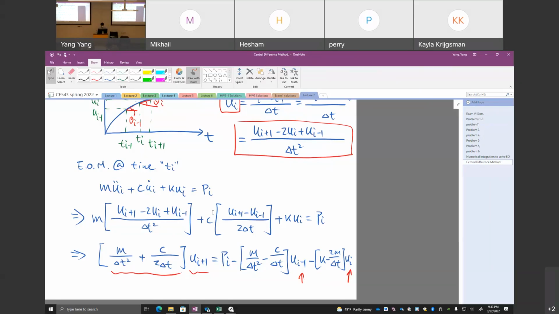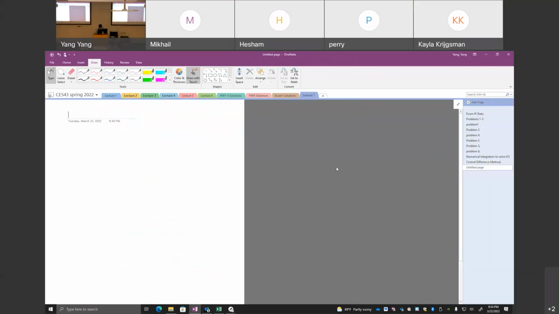That means we need to know the initial condition of the system. For example, the initial velocity and the initial displacement. If we know that, we should be able to have the computer sequentially do all the calculations. So now let's see what we should do here. Any questions before we move forward?